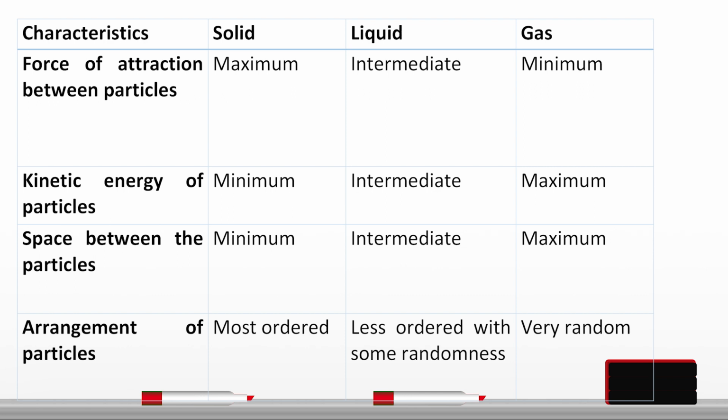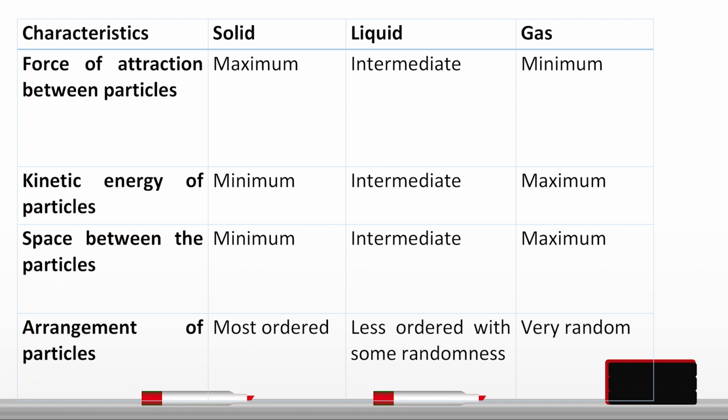Now let us look into the arrangement of particles in solids, liquids and gas. As I have told you earlier also, in case of solids, the arrangement of particles is most ordered. In case of liquids, it is less ordered with some randomness in between.